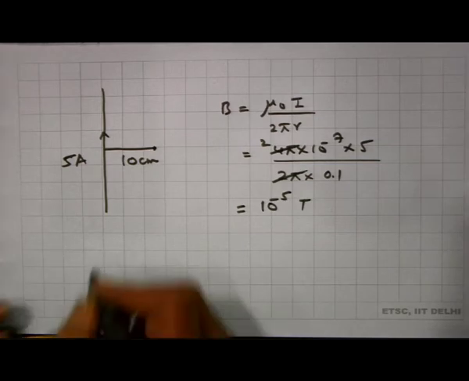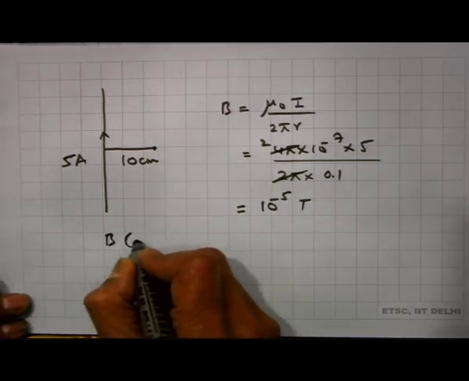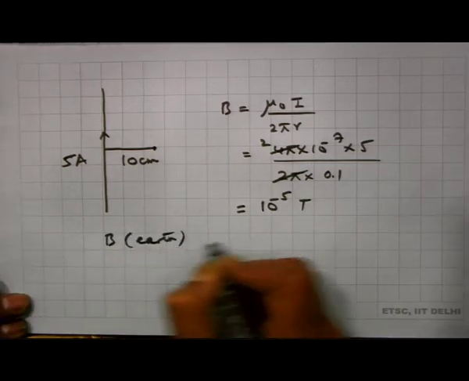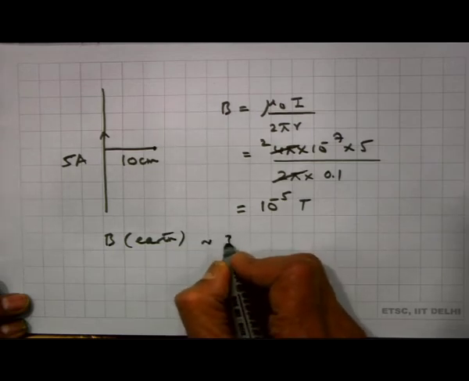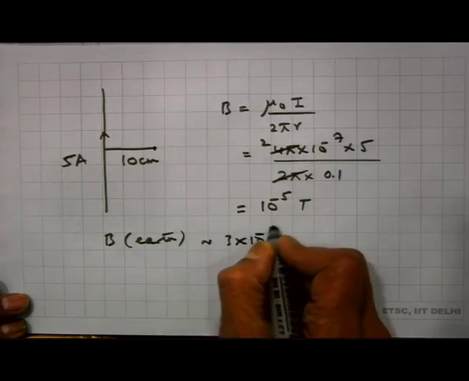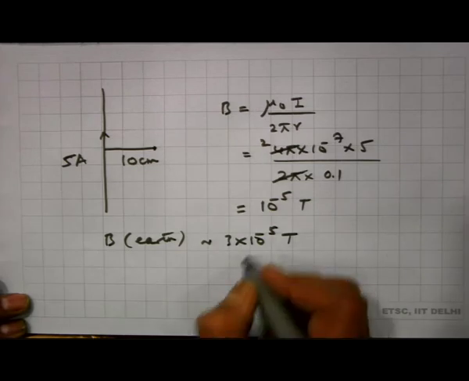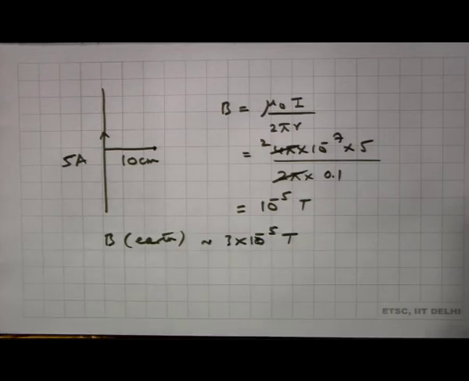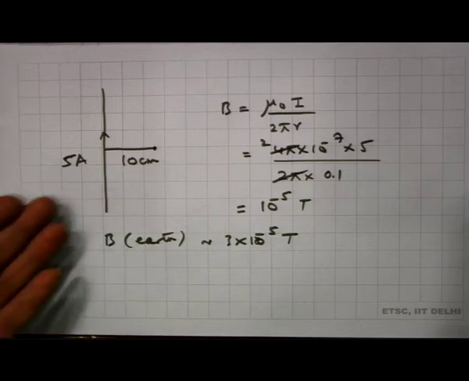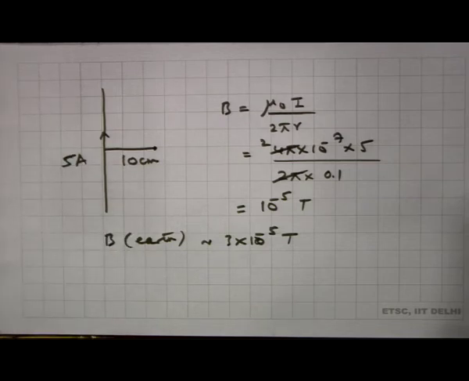and compare this with B earth, which is approximately 3 times 10 to the minus 5 Tesla. And so, you are producing magnetic fields at a distance of 10 centimeters from the current carrying conductor, which is carrying 5 amperes current. You have some kind of a magnetic field generated at about 10 to the minus 5 Tesla.